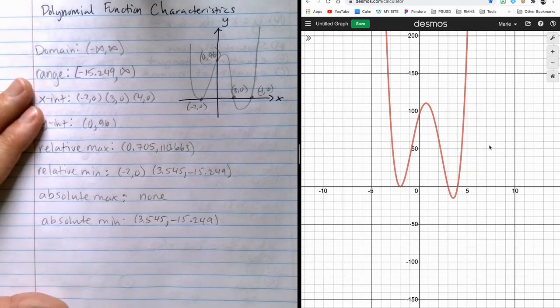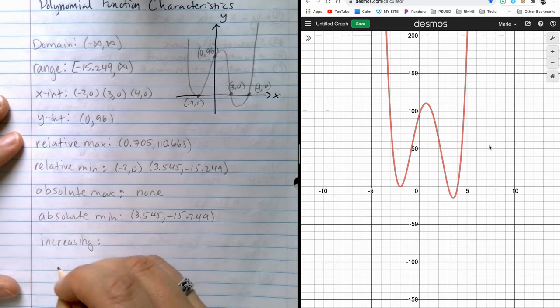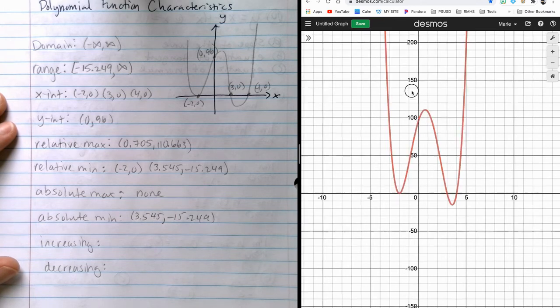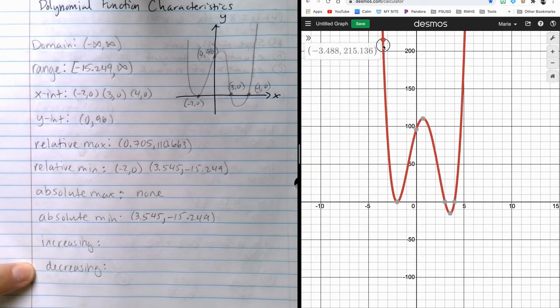Now that we have our extrema in place, let's look at behaviors of increasing and decreasing. This function actually decreases first and then increases and then decreases again and then increases again. So let's start with the decreasing because that's happening first. When does it start? It starts from negative infinity over here and it keeps going until, what's that x coordinate?